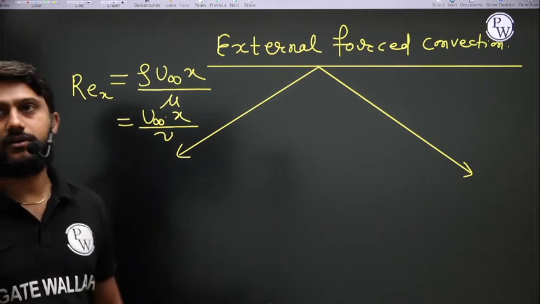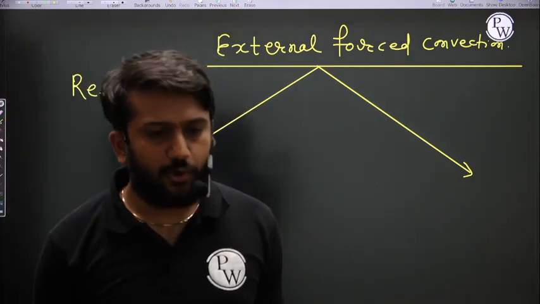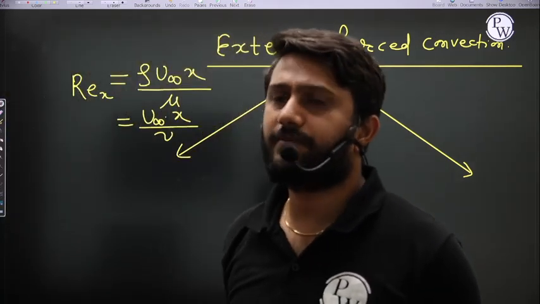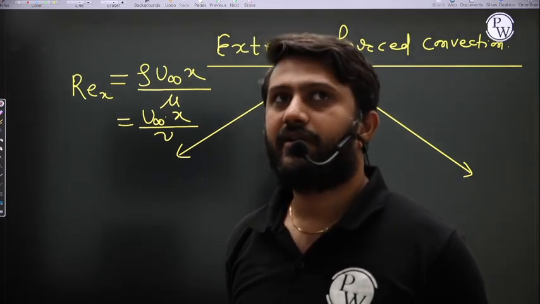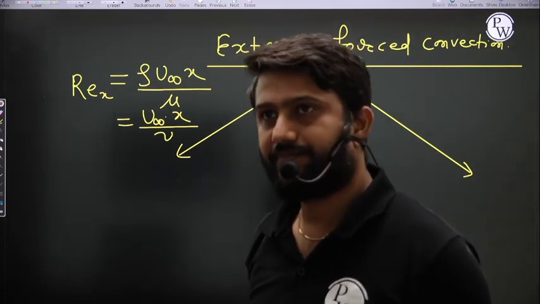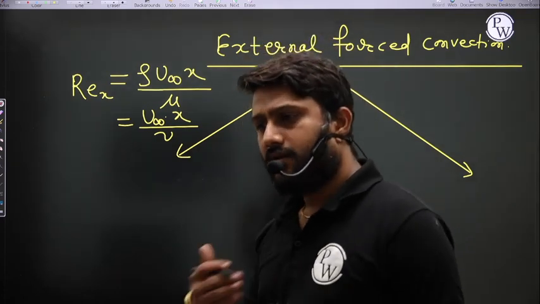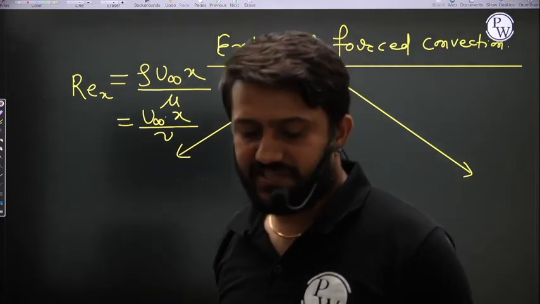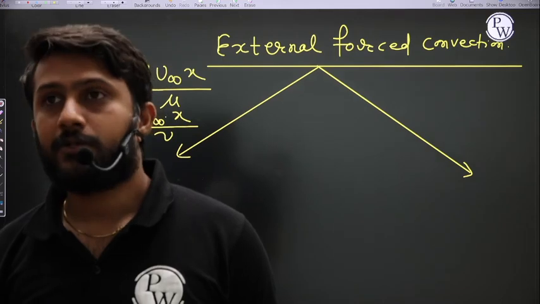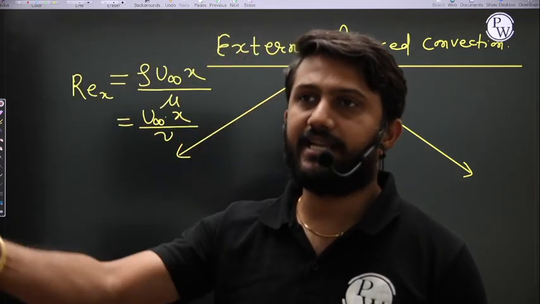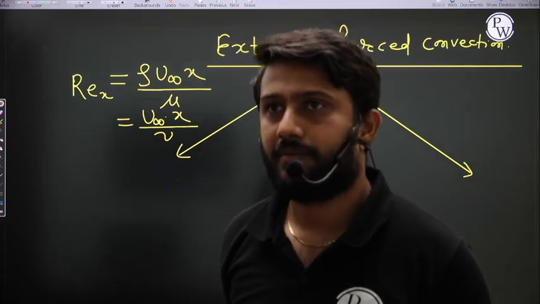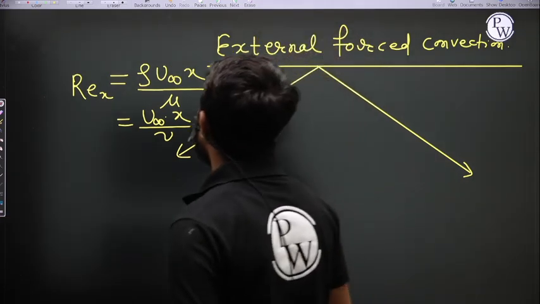First find out the Reynolds number, or I can say local Reynolds number, because in case of external flow, this Reynolds number is changing with respect to x. What is x? Distance from the leading edge. So as we move away from the leading edge, if x increases, the Reynolds number increases.